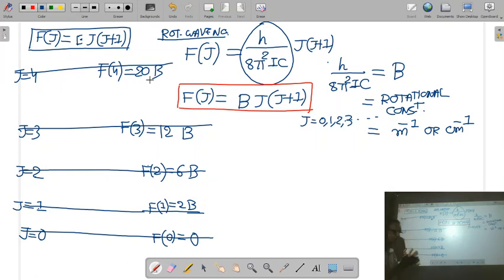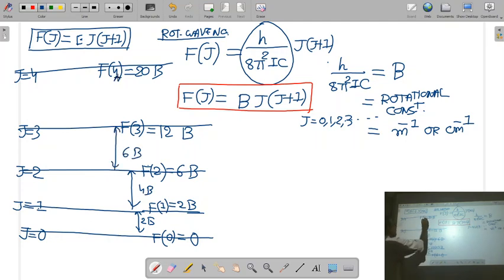If you find the spacing of the rotational wave number, then between the lower level 0 and 1, the spacing is 2B. Between level 1 and 2, the spacing is 4B. Between level 2 and 3, the spacing is 6B.